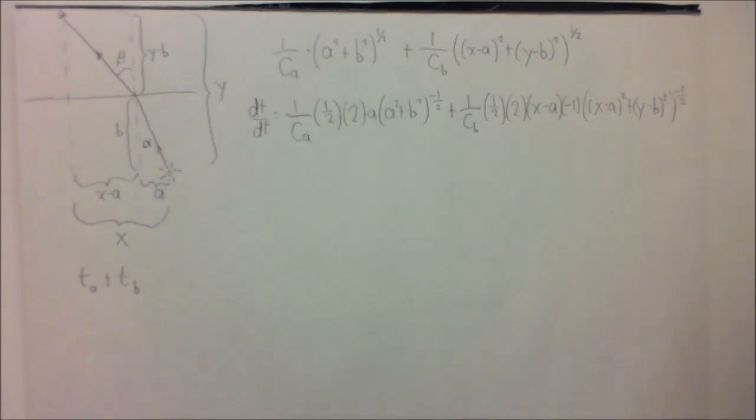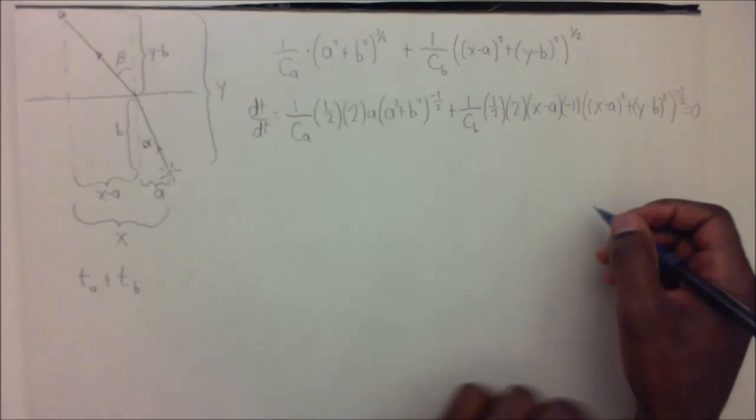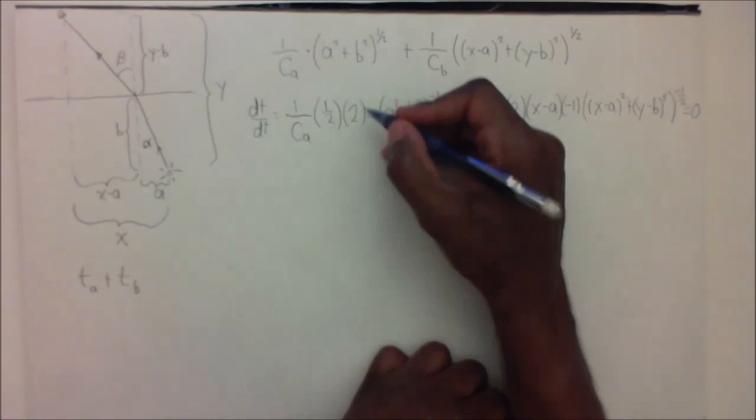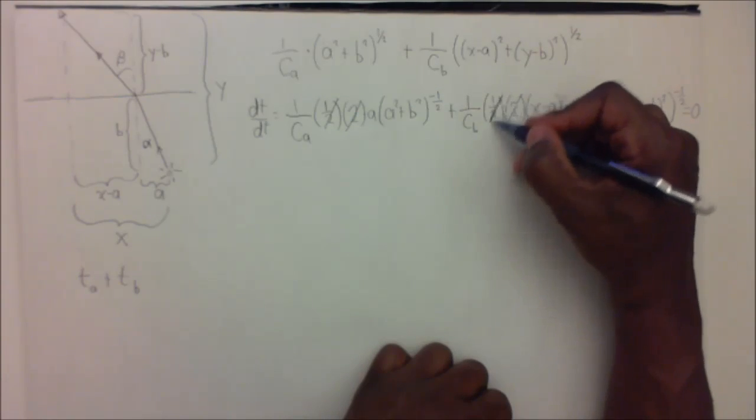And that will all be equal to 0, since we're trying to find the minimum time. The 2 and the 1/2 cancel out here, and the same with the 2 and the 1/2 there.